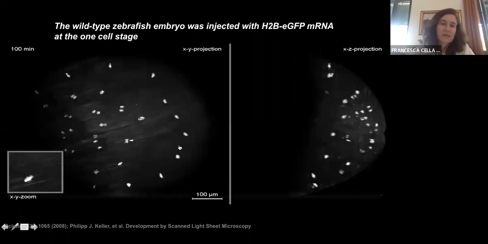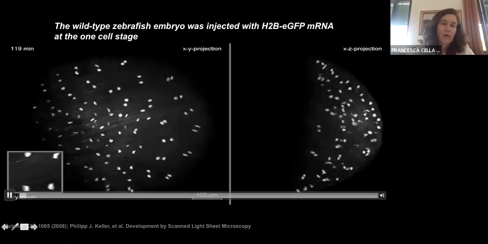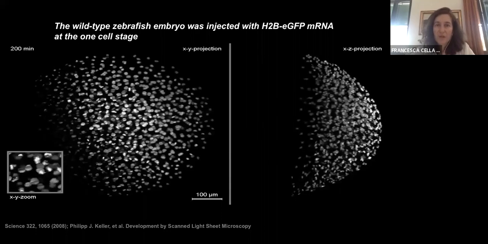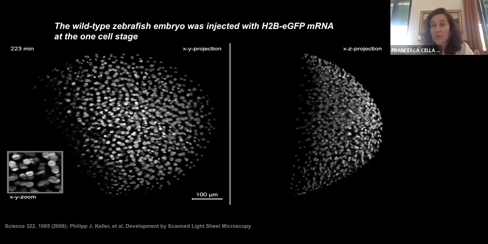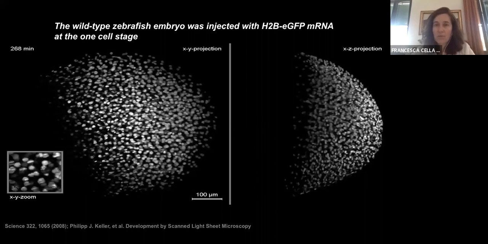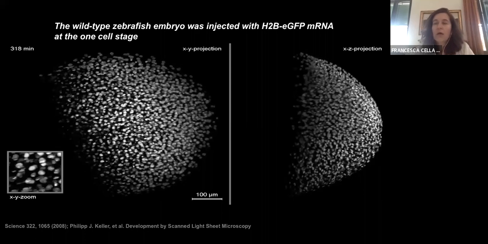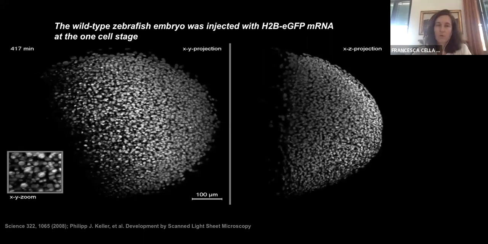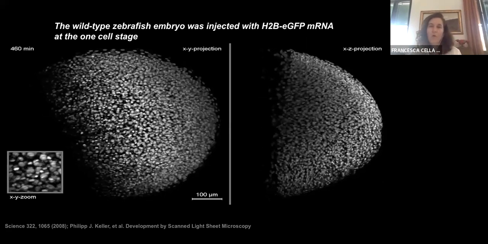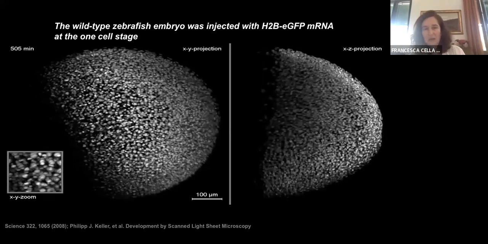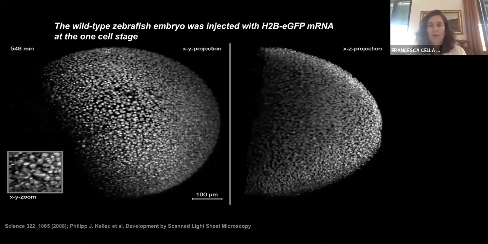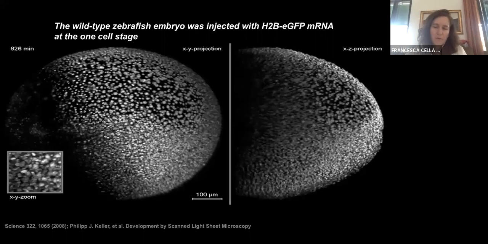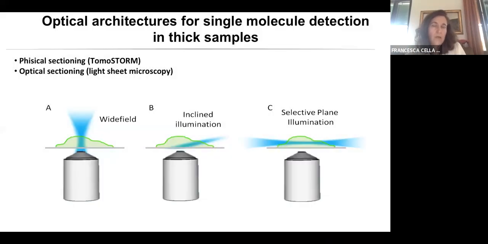Here you can see a nice example where you can follow a wild-type zebrafish embryo that has been injected with GFP to the H2B histone at the cell stage level. So you can follow the development of the whole embryo over time for long-term imaging. And this shows you the power of this technique.